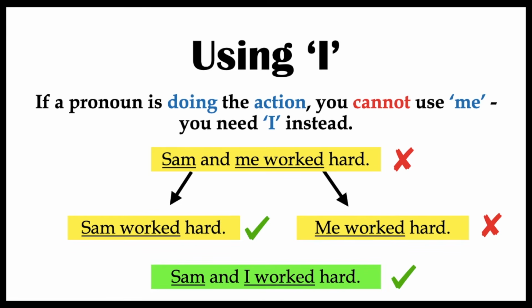The golden rule is, when there is someone else, their name always comes first, then I comes second. So for example, we have Sam in this sentence, and I comes after Sam. Let's take a look at some more examples.